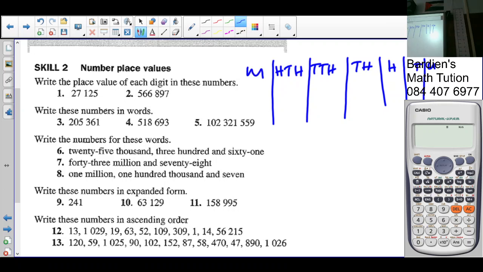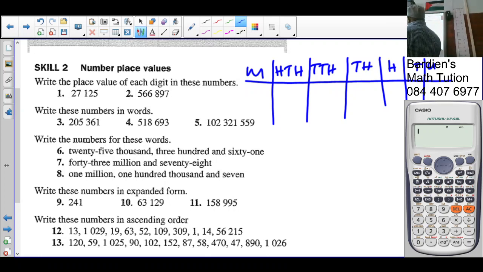They're not going to be used now. Okay, so the first one, the place values are the following. You got 27,125. So it's going to be 125. 27,125. You all agree with that?